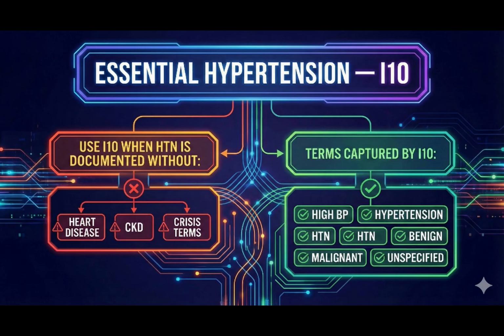Essential hypertension, I10. Let's take a closer look at the most commonly used hypertension code, I10, essential or primary hypertension. This is the default code used when the provider documents hypertension without any complications or related conditions.